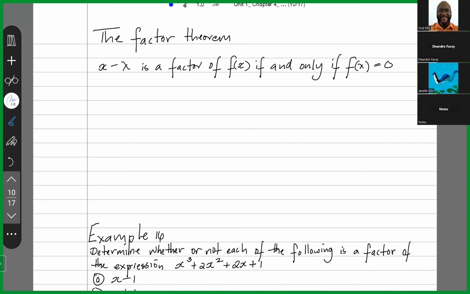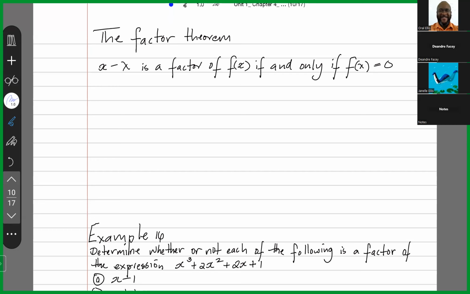Now, essentially, the remainder theorem is basically the same thing as the factor theorem, because if something is a factor, it means it goes into it without leaving a remainder.